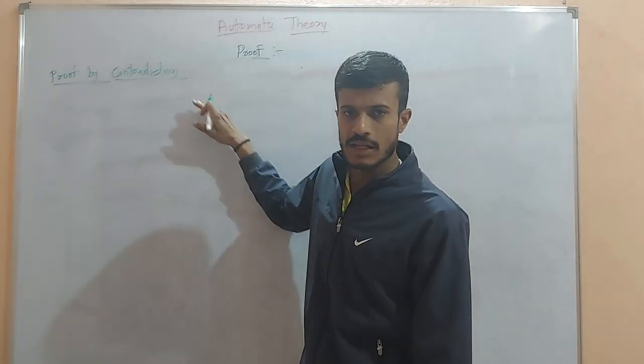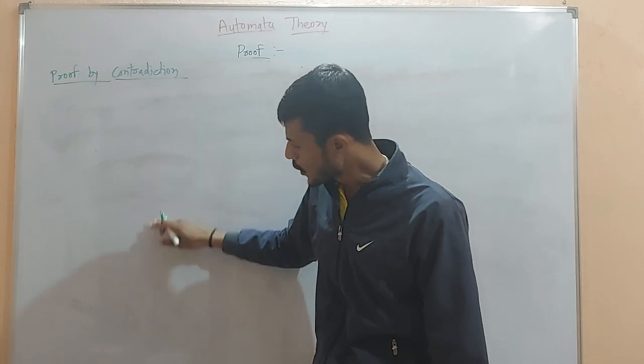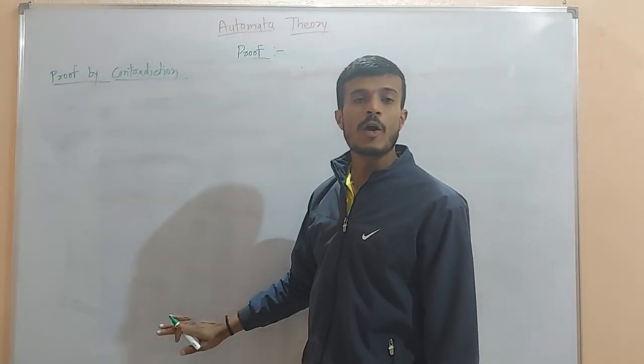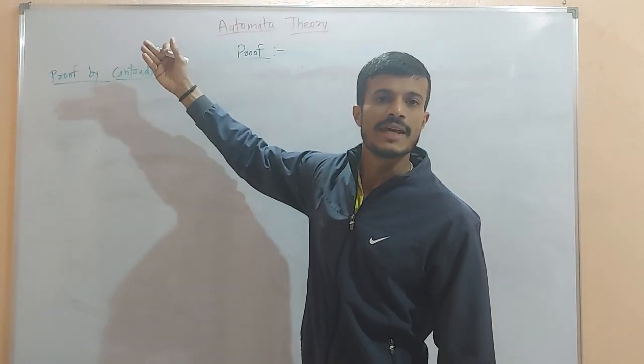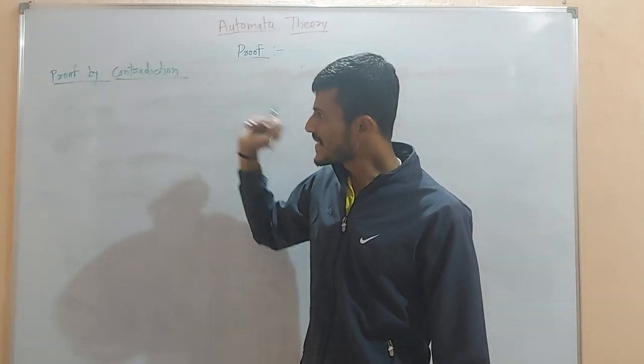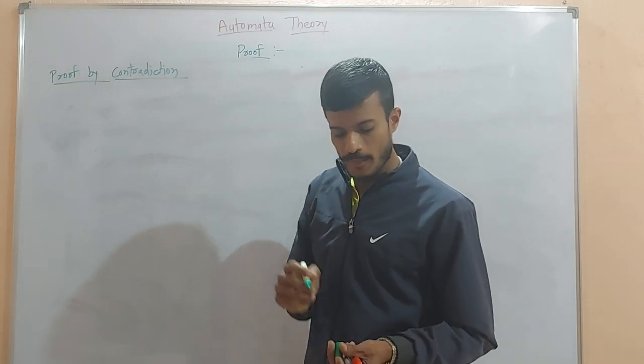By considering the given statement as false, we solve the example, and finally we get the idea that this assumption is false. So the false will become true. Okay, fine. Let us see one example, so you will get the idea.